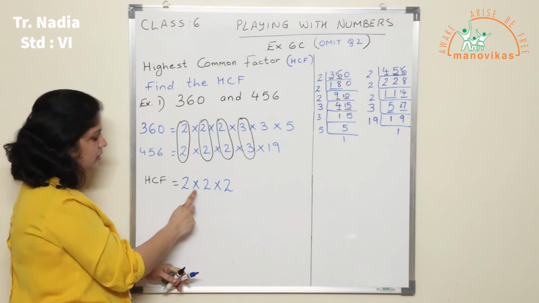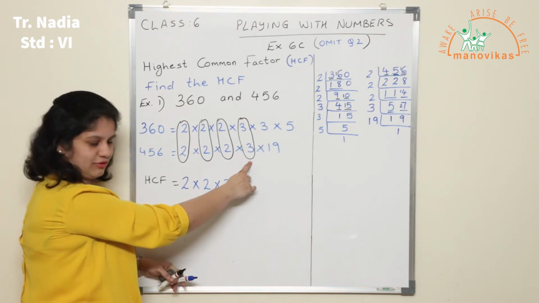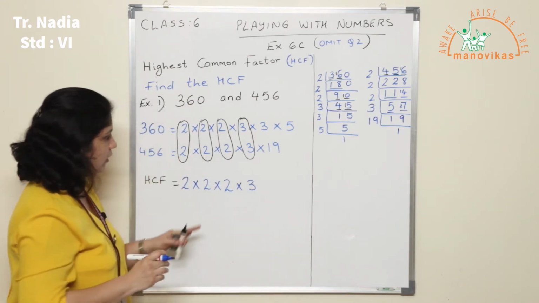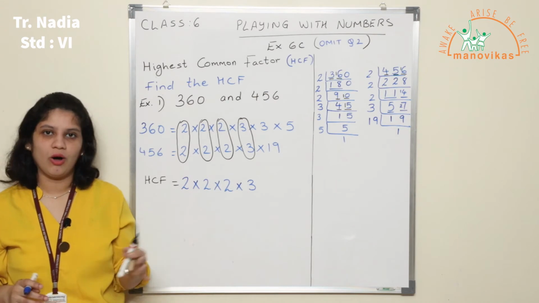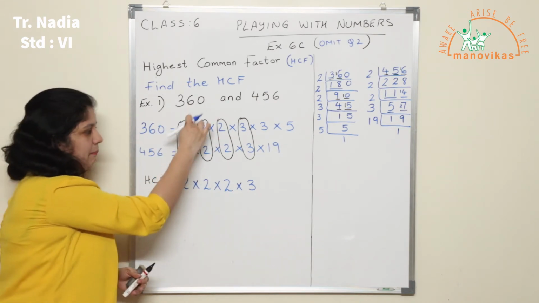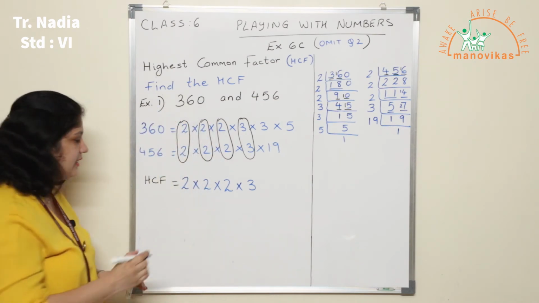So first common 2, second common 2, third common 2, and finally there is a 3 which is common. So multiplied by the 3. Okay, so these were numbers which were common to both. So I paired them. You can do this part with a pencil, circle the pairs with a pencil, and finally you need to find the SCF.